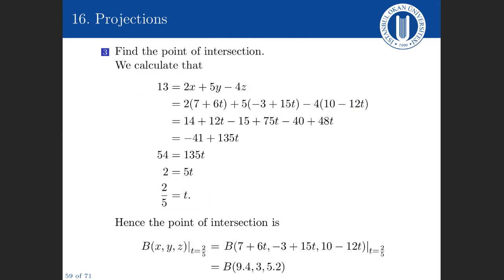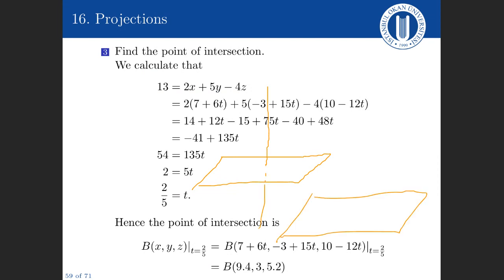So, what do we know so far? We know that the line intersects the plane, might be orthogonal, or it might not be orthogonal. And we know this point where it intersects is the point 9.4, 3, 5.2.